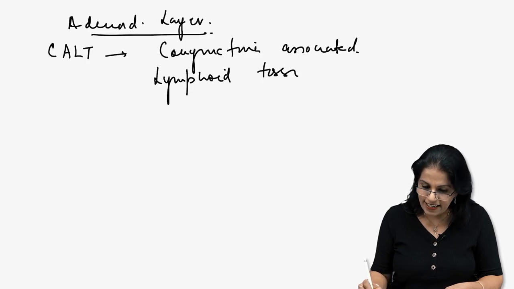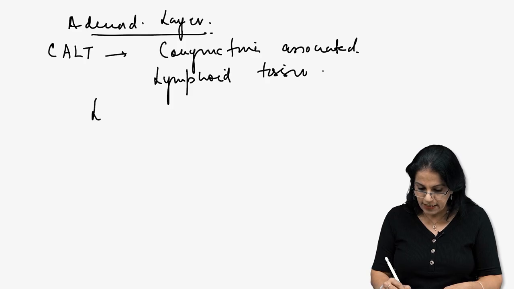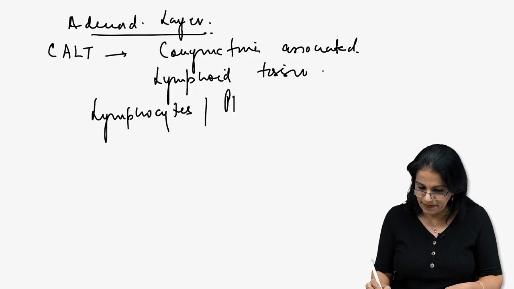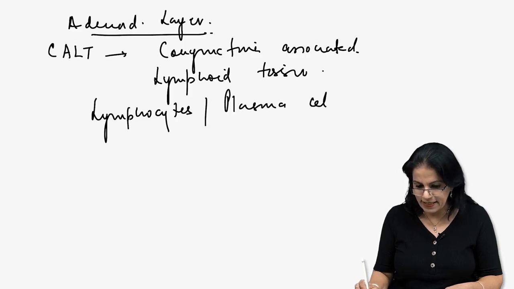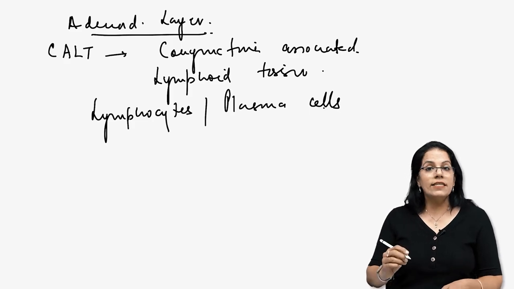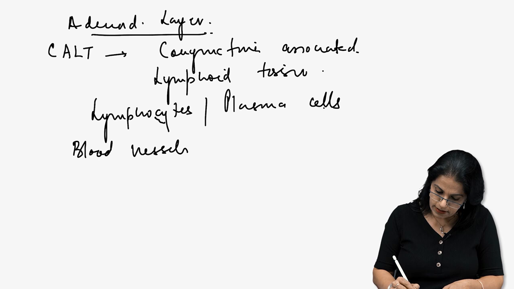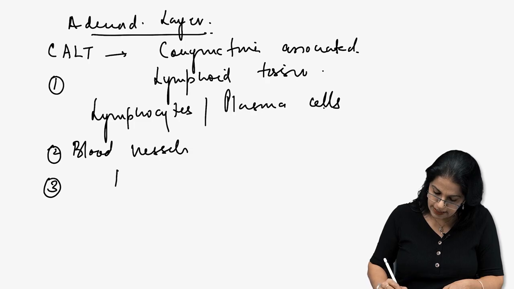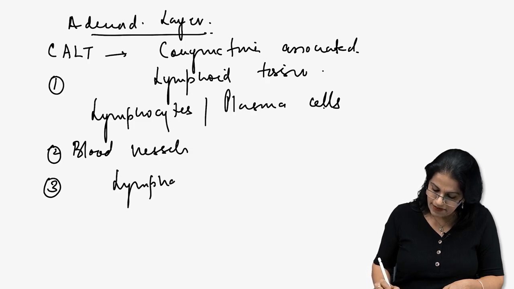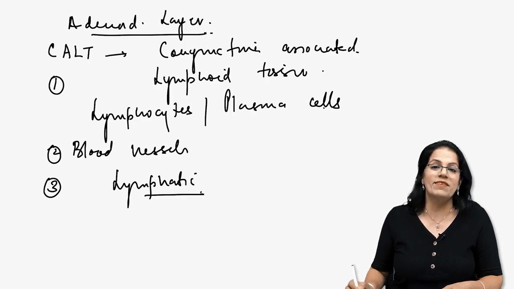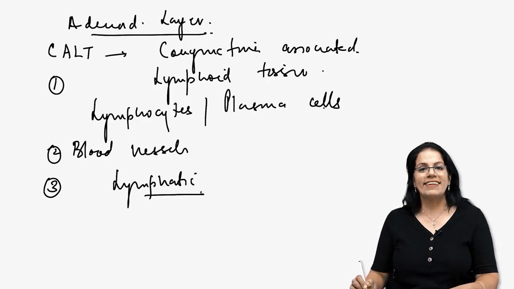So, what are the things present here? We will see lymphocytes and plasma cells. Mainly, note down please, lymphocytes and plasma cells. And of course, this is the layer where you get the blood vessels and the lymphatics. So, number 1, the CALT tissue, number 2, blood vessels, and of course, the lymphatics. So, the conjunctiva is one tissue in the eye where you have a lymphatic supply, a lymphatic system. We have to remember that.